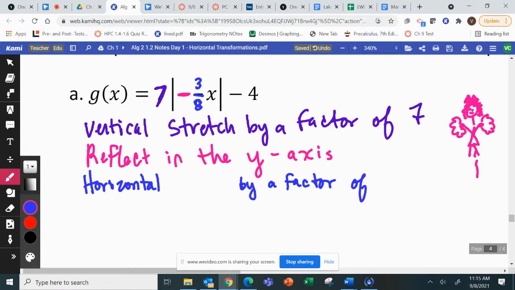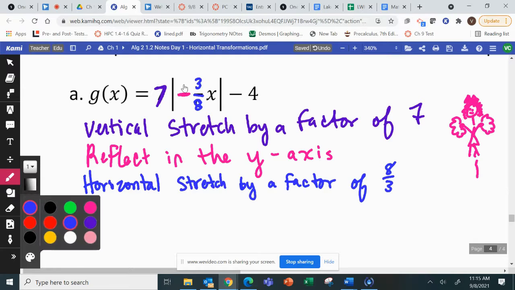So when I say by a factor of, I'm figuring out what I'm multiplying by first. So I'm going to reciprocate. I'm going to flip 3/8 and write 8/3. And is 8/3 going to make it bigger? Yeah. That's bigger than 1. That is a stretch. So then I'll go back and say, oh, that's a stretch.